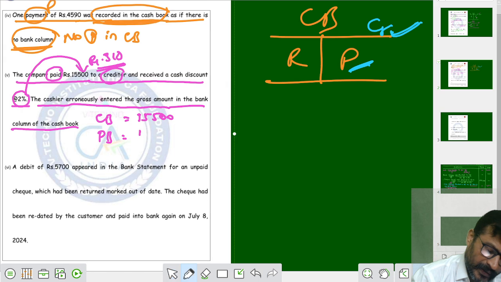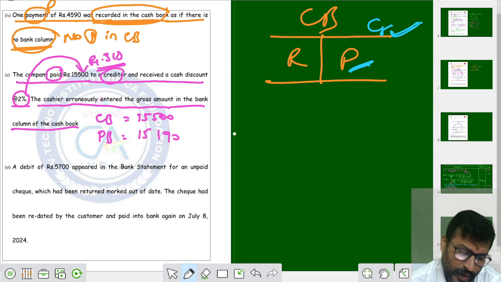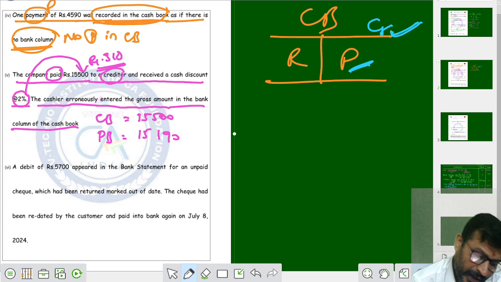It comes to 15,190, recorded in the passbook. Why? Because the company paid a check of only 15,190 but it was recorded by the cashier as the gross amount in the cash book. So in the cash book 15,500 is payment. In the passbook 15,190 is a payment.